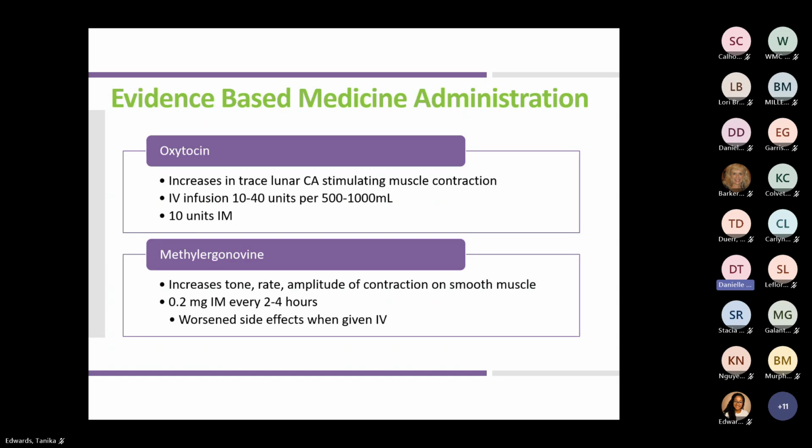If it's given IV, it can worsen the side effects that we don't want to see. So typically it's given IM. This is also a point, if you're cycling through many medical agents, to have someone's job be to track when things are given, because it may go past enough time where you can give an agent again if it's thought to be helpful. Next slide.